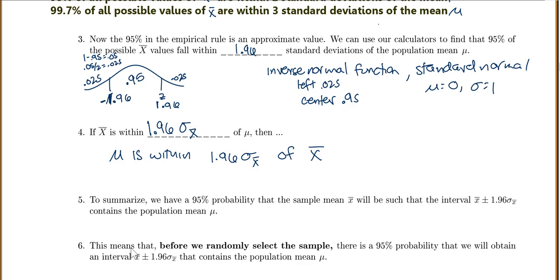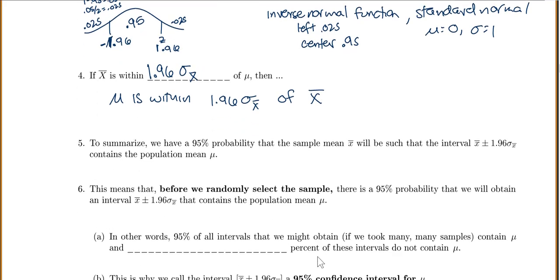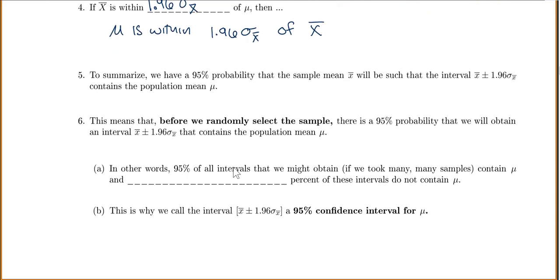So this means before we randomly select the sample, there is a 95% probability that we will obtain a specific interval that contains the population mean mu. In other words, 95% of all the intervals we might obtain if we took many, many samples, because every single sample gives us a different result, would contain our population mean mu.